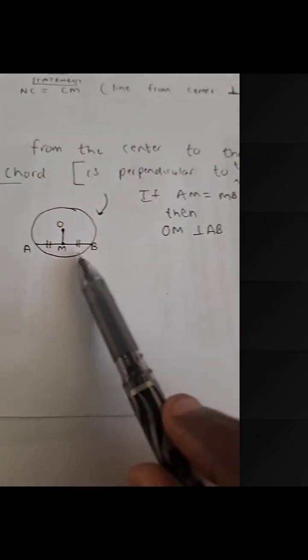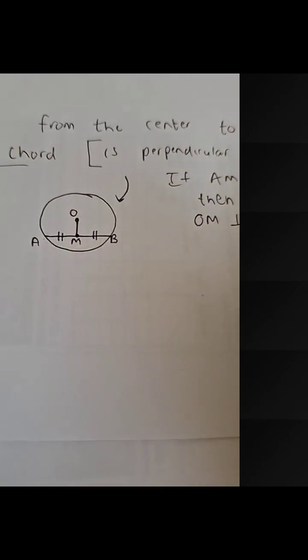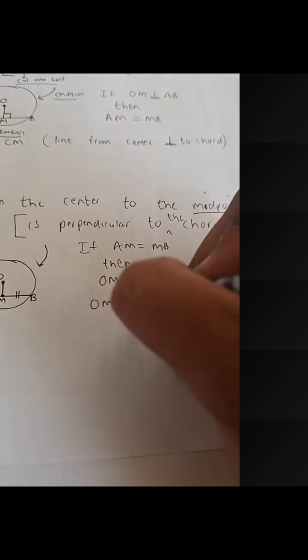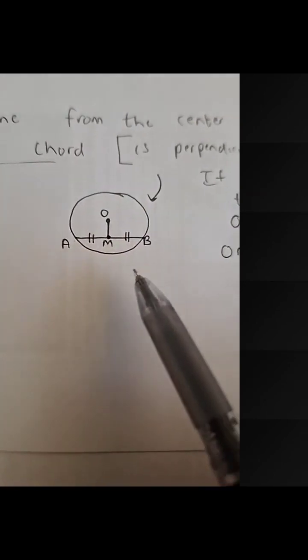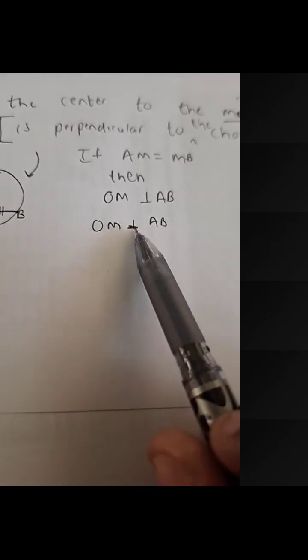So when we use this particular theorem to state a particular result, what is the reason that we use? If we are concluding that OM is perpendicular to AB, someone is going to say, but sir, we don't see that in the diagram. Where did you get that from? Remember, this is a result that has come about because of the theorem statement. What is the reason for saying OM is perpendicular to AB?